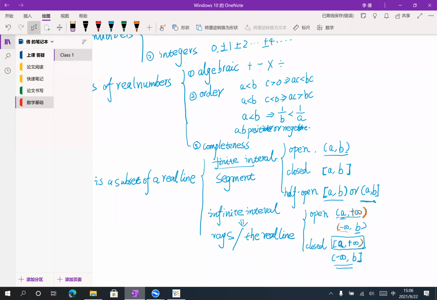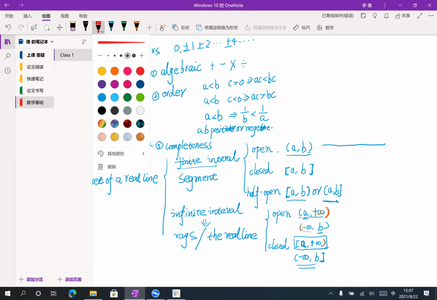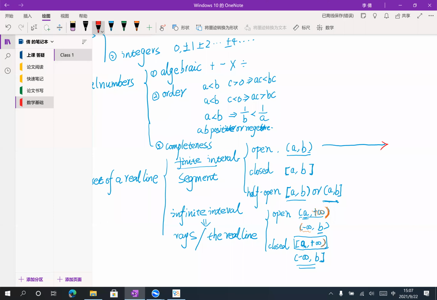Let's see on the real line. This is a real line, and this is 0. If it is A and point B, and this is an open finite interval, it contains all the numbers between A and B. A and B are not contained in this interval, so we draw an open circle on each point, and all the numbers between are in this interval.